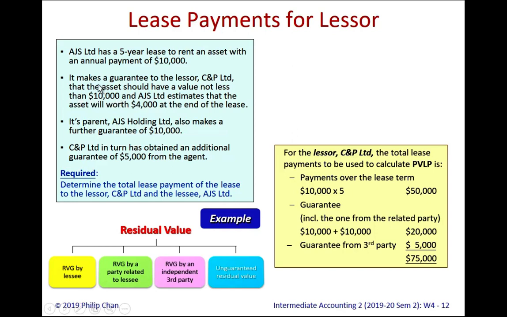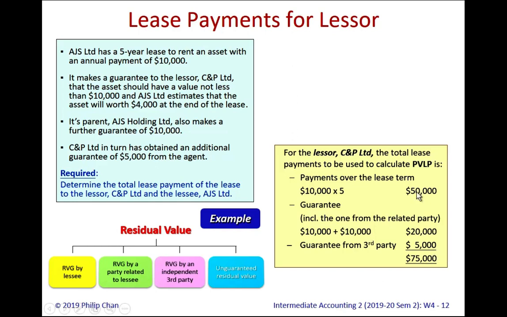So the contracted amount 10,000 is here, plus the RVG guaranteed by the related party of AJS, which is AJS Holding, 10,000, altogether 20,000. Remember, we also have the final RVG guaranteed by an independent third party, 5,000.